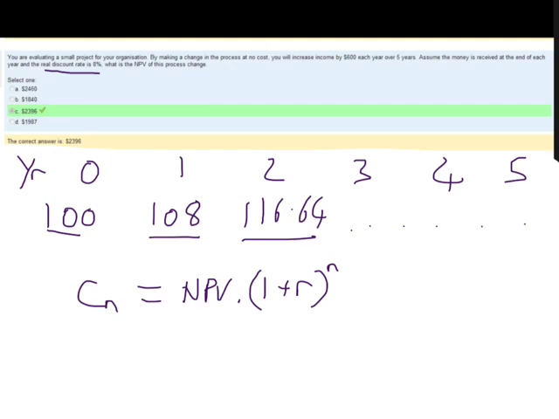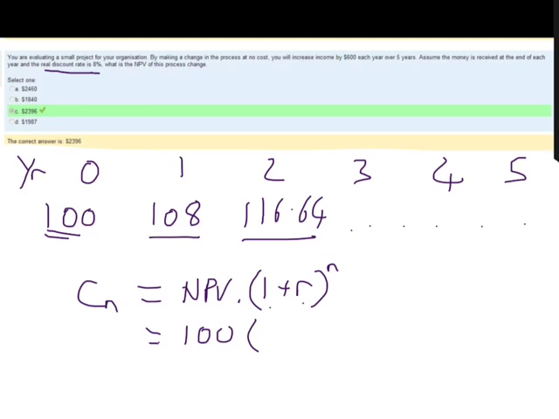So let's see if that makes sense. In our first year, we have $100. Right now we've got $100 times 1 plus our cash rate of 8%, so 1.08 raised to the 0, which is 1, so that's $100, so that works. In year 2, we would have how much?